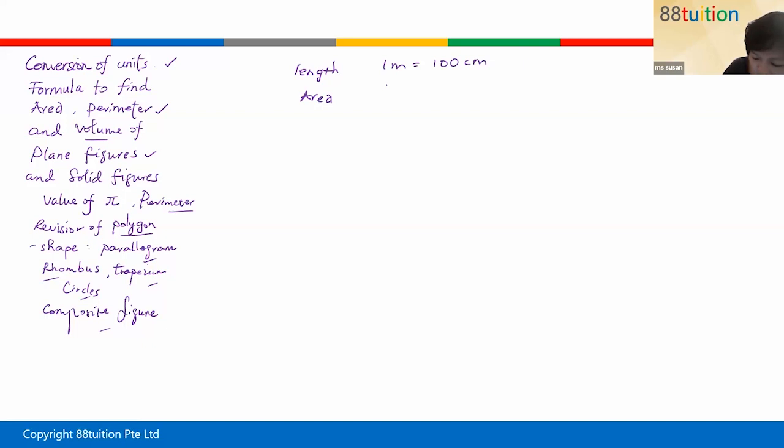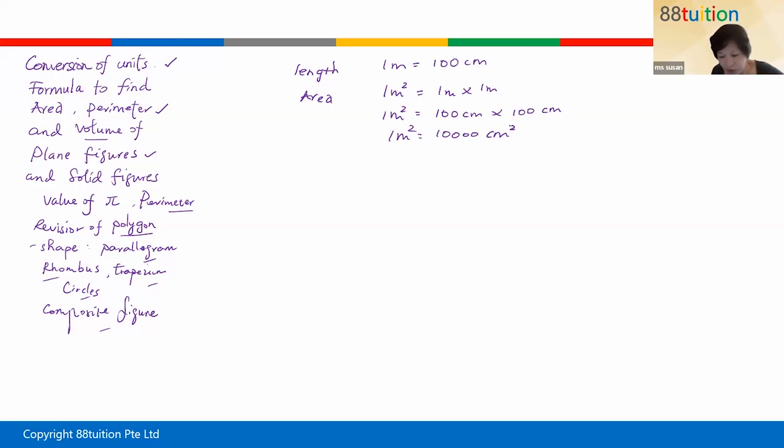But if you are talking about area, 1 meter square is equal to 1 meter multiplied by 1 meter. So your 1 meter square is 100 centimeters multiplied by 100 centimeters, which is 10,000. So that means 10,000 centimeter square.